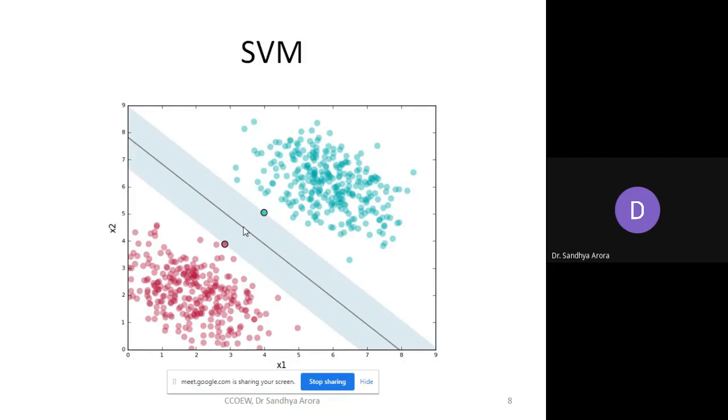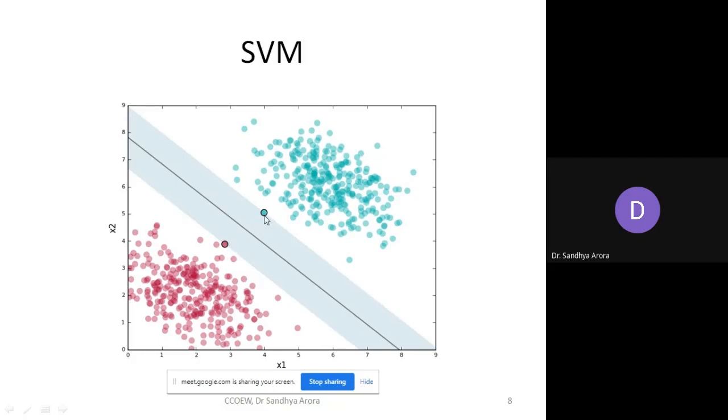Y equals mx plus b is the line equation, so the plane equation will be something like this: y equals w1 x1 plus w2 x2 plus w3 x3 plus w4 x4 plus b, the bias value, and this keeps on. You can keep adding dimensions. So what we need to identify is this line equation or plane equation, if it is of multiple data points, which maximizes this margin value.